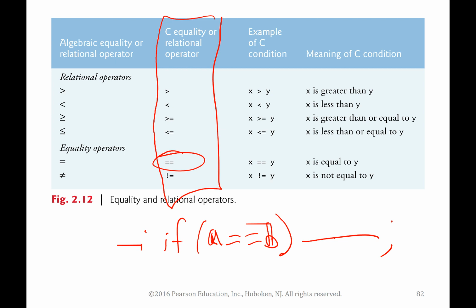If we leave that second equal sign in and write this as if A equal B, what that does, and this is where it gets really, really complicated, and one of the reasons I hate C as a first language, is that it will actually assign A to be equal to B. It does an assignment there, and of course that's going to evaluate as true because it's going to go ahead and do the assignment, and it's always going to evaluate true.